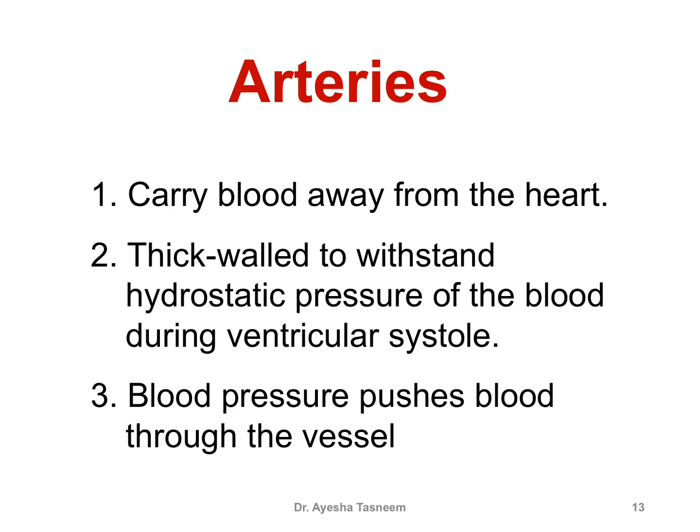We have the arteries that carry blood away from the heart. They are thick walled and can withstand the hydrostatic pressure of blood during ventricular systole. Then blood pressure pushes the blood through the vessel.